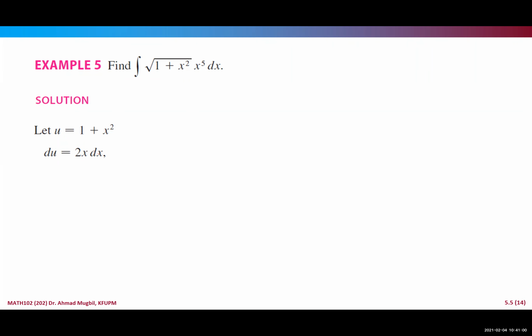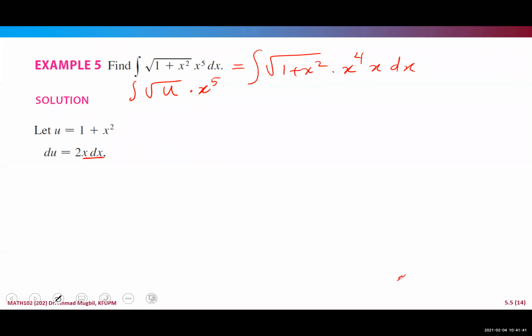In such a situation, ya shabab, you have two options. One option is to write this as the square root of 1 plus x squared times x to the power 4 times x dx, because you have it here. But of course, sometimes this will not come to your mind. If you divide by 2 here, this will be du over 2, and this will be x to the power 4 times the square root of u.